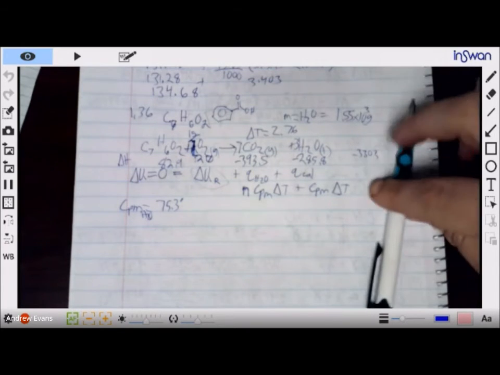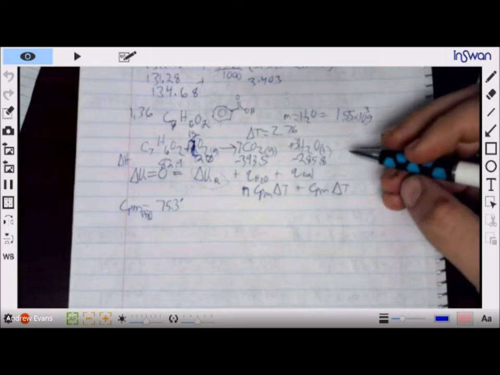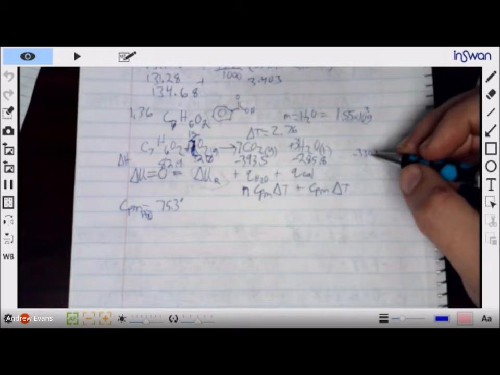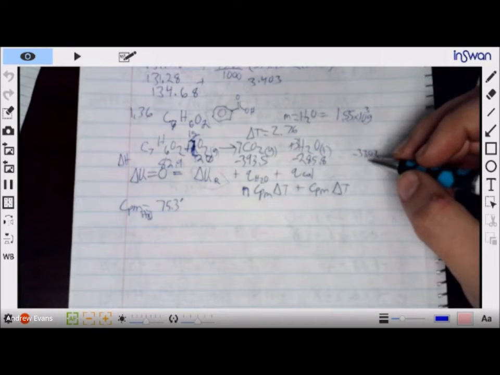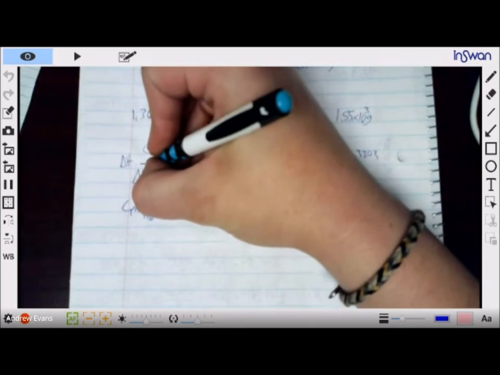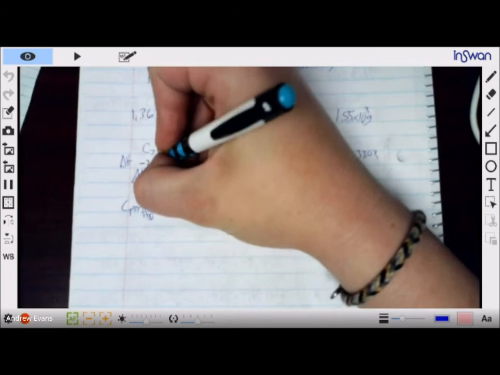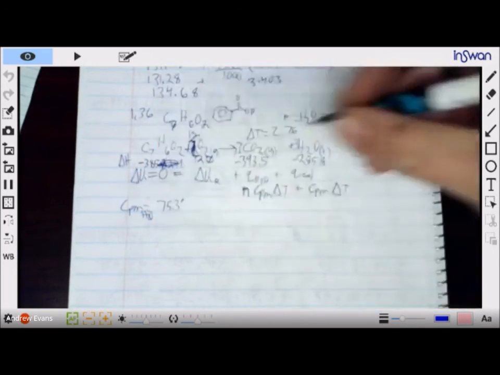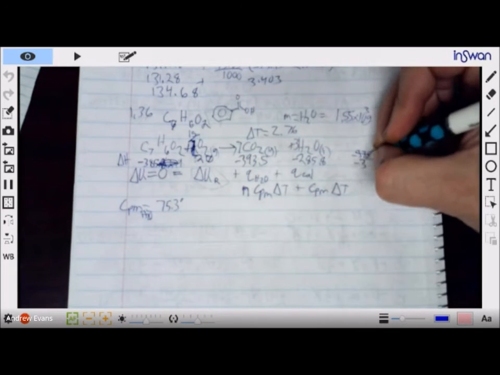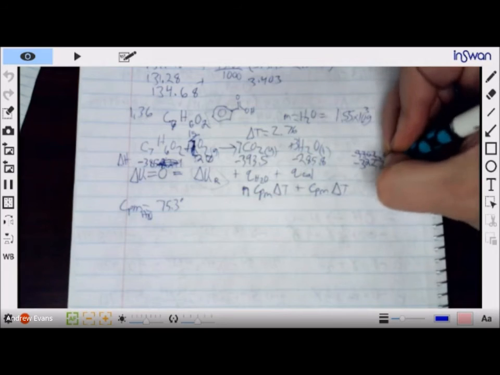Oh, sorry, not 3303. I underlined the wrong one. Benzoic acid is 385.2 and would be negative 3227.